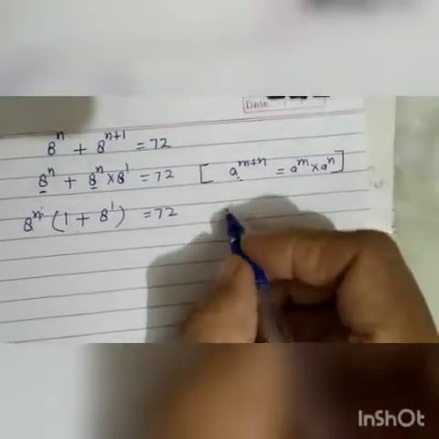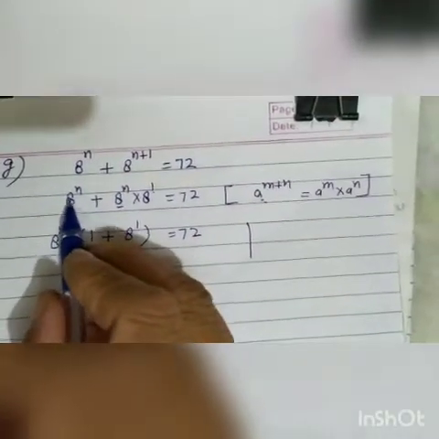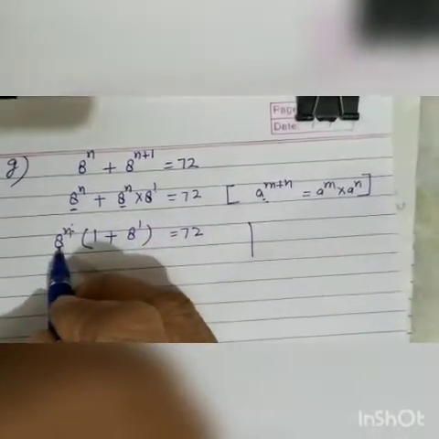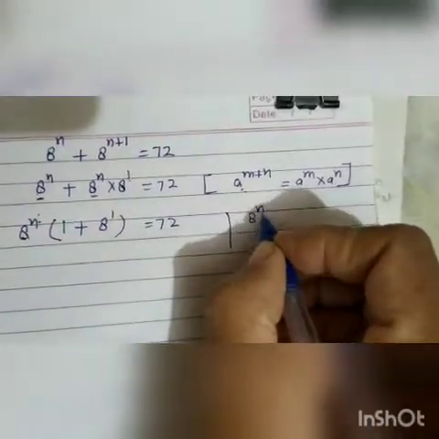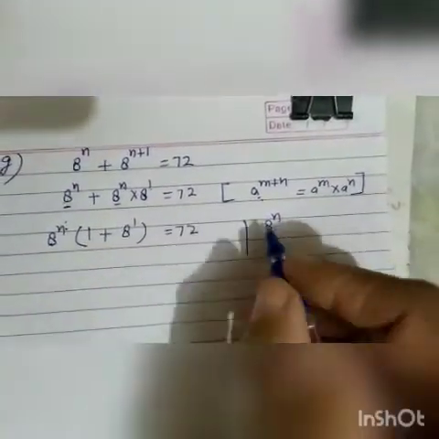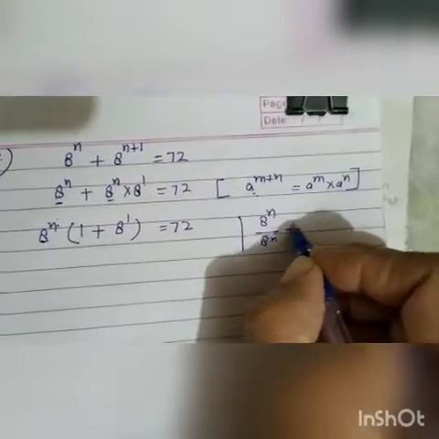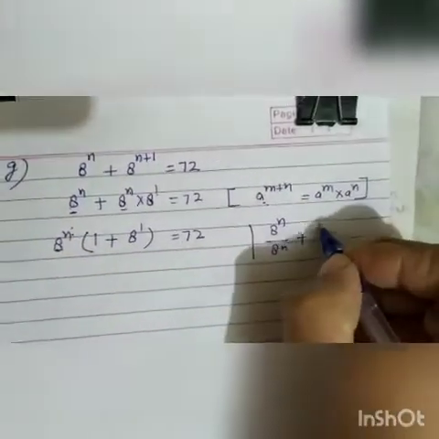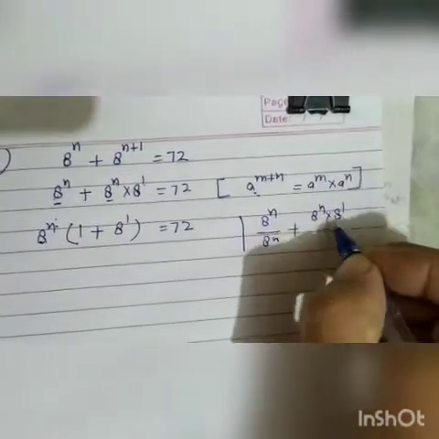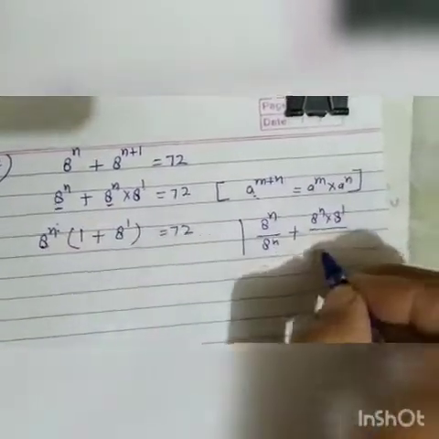See this step again. We are taking 8 power n as common. It means this 8 power n upon this 8 power n, plus 8 power n multiplied by 8 power 1 upon this 8 power n.